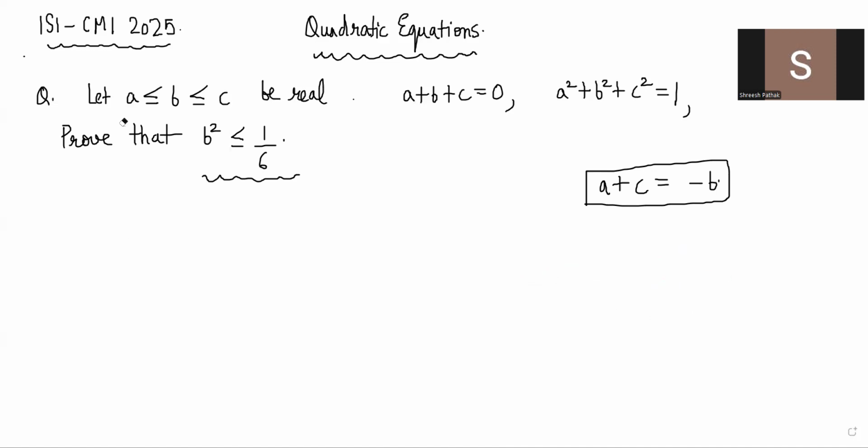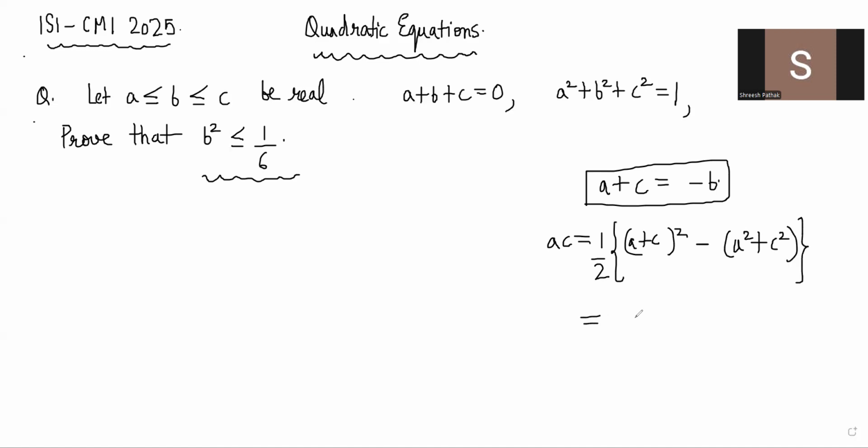You have A plus C is minus B, and then AC can be written as half of A plus C whole square minus A square plus C square.